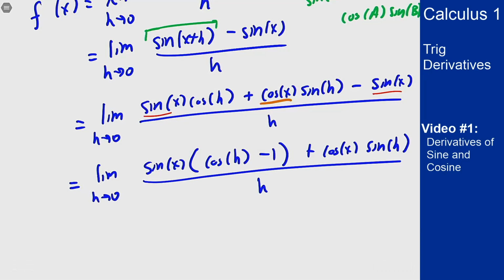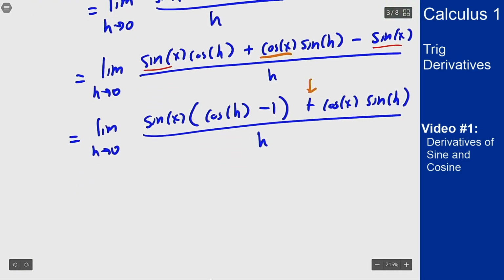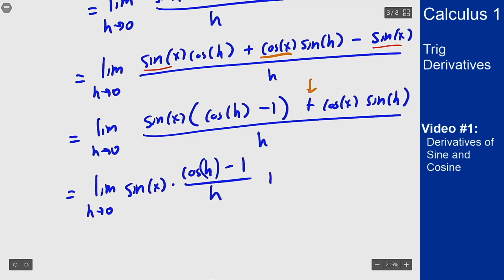Now I want to split this limit into two parts over that plus sign in the numerator. So that's going to become the limit as h goes to 0 of sine of x times cosine of h minus 1 over h, plus the limit as h goes to 0 of cosine of x times sine of h over h.